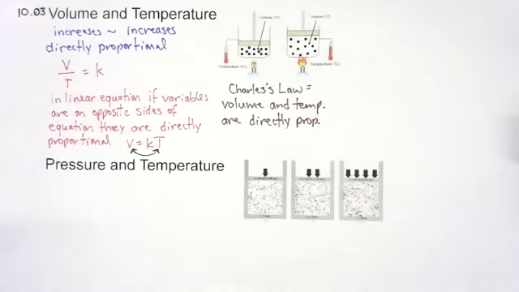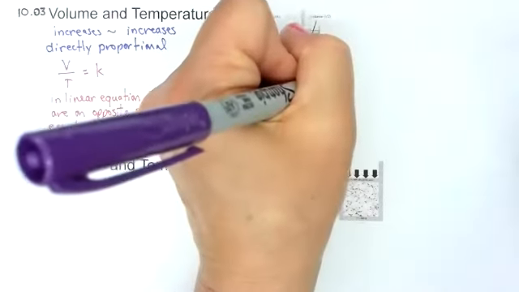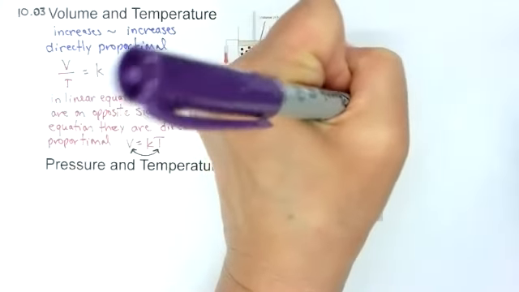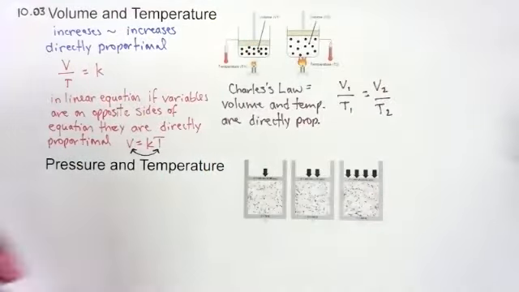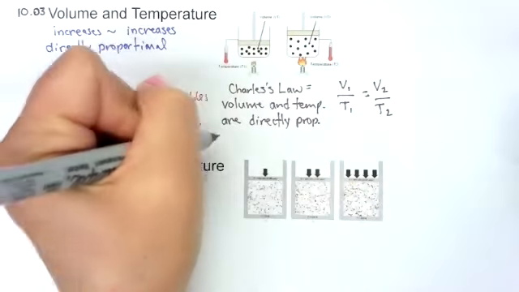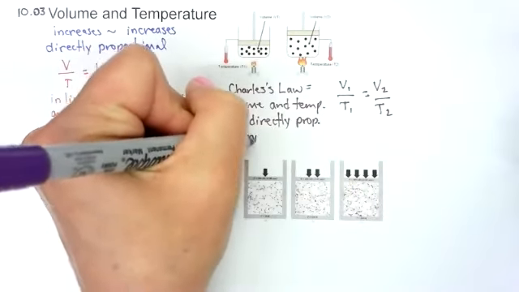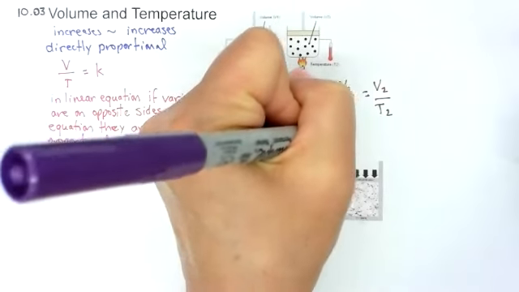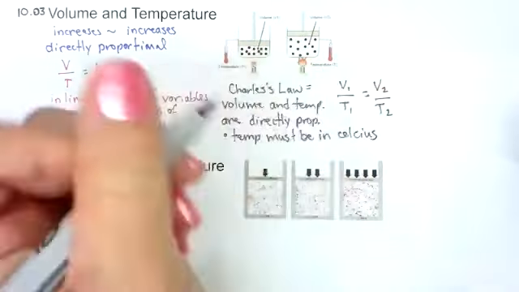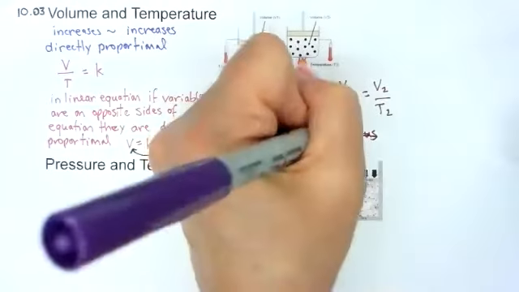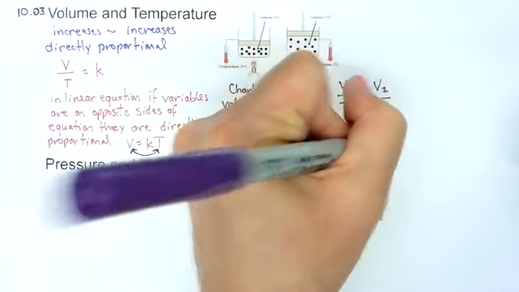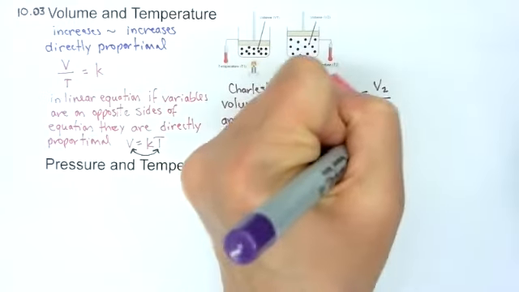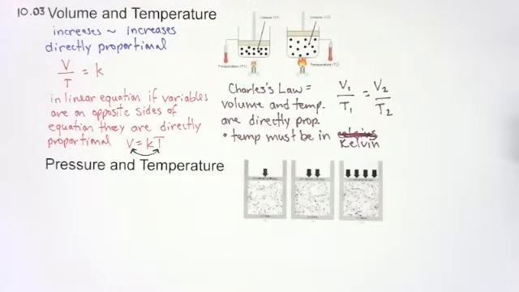And we write this as V1 over T1 equals V2 over T2, where temperature has to be in Kelvin. I'm sorry, I meant to write Kelvin. I meant to say it's converted from Celsius. So your temperature must be in Kelvin. Let's just make sure that Celsius is crossed out. So you have to convert your Celsius to Kelvin.